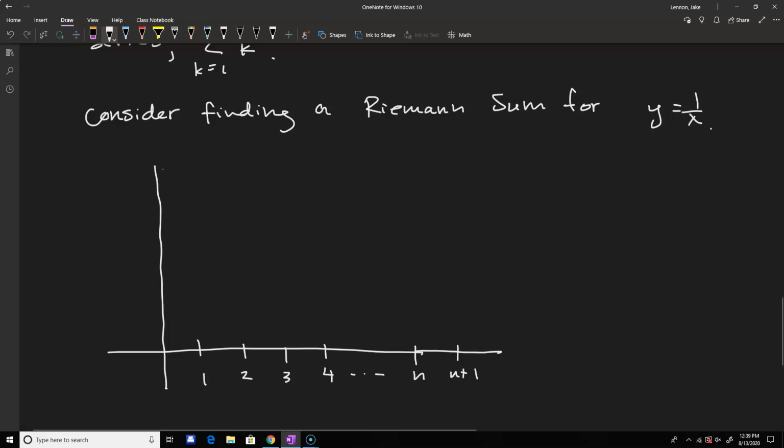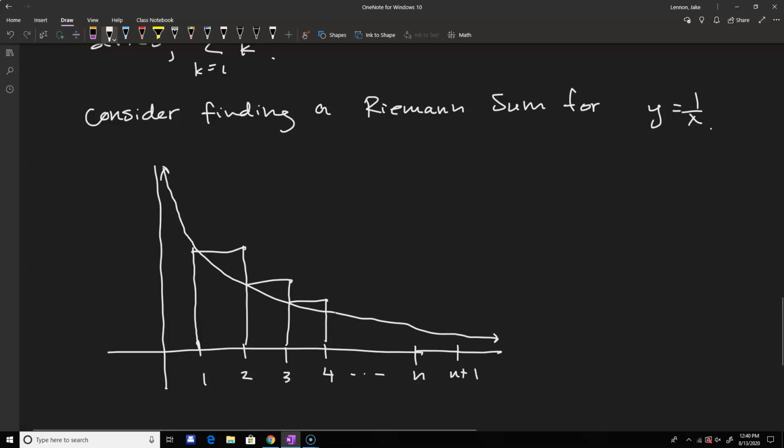What's going on here is your 1 over x in the first quadrant just looks something like this. When you're doing Riemann sums, you're making a bunch of rectangles. So this first rectangle would go up here, and then you would get this one, and this one.